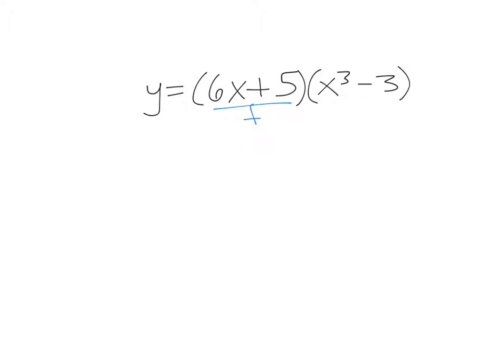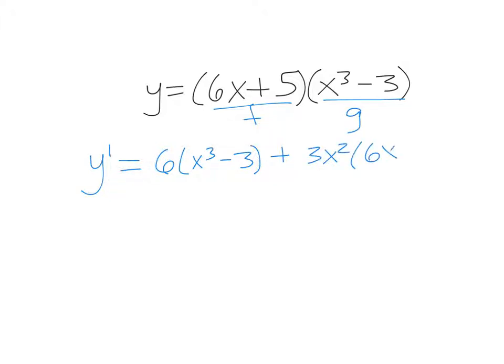But this is f, and this is g. So I do f prime, which would be what? 6. Times g, which is x cubed minus 3, plus g prime. What's g prime here? 3x squared times 6x plus 5. Okay? Pretty easy, actually. So maybe it would have been the right choice to do this, because this is a pretty easy expansion.